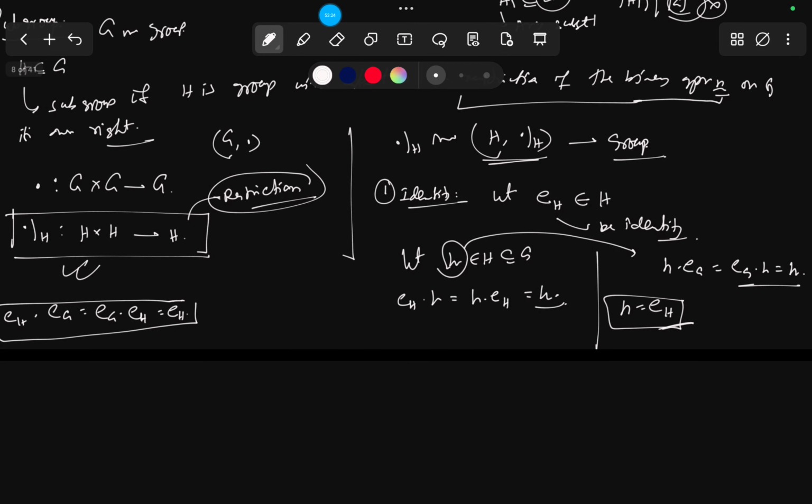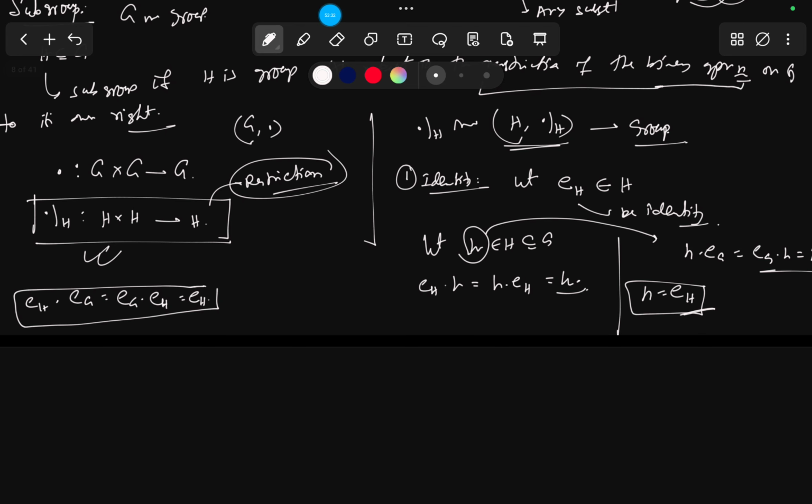Now we all know that in a group the identity element is unique, right? That means by uniqueness of the identity element, we have that e_G must be the same as e_H in H. Okay.